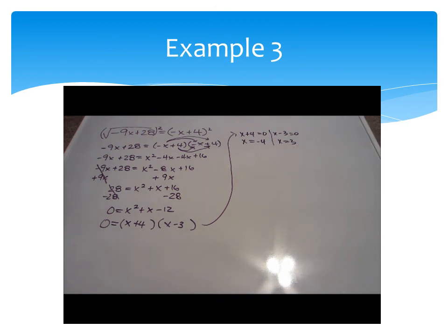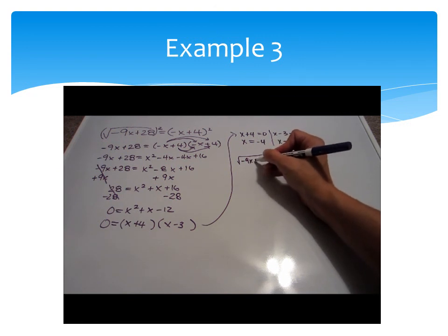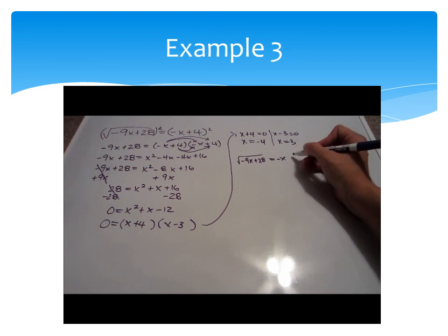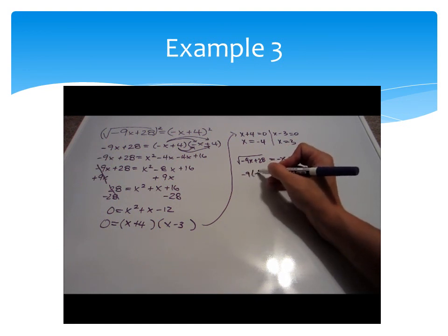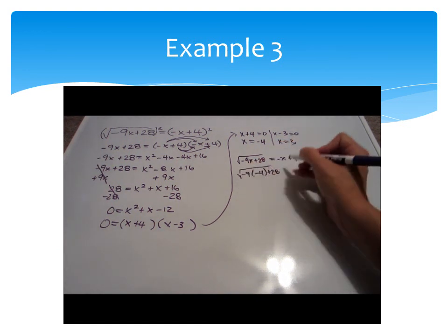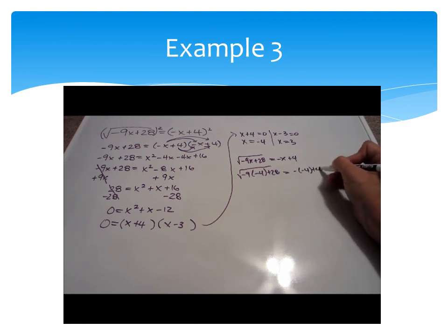Now we need to plug in both of the solutions to figure out which one is the extraneous solution, or the extra solution. Our original equation was the square root of -9x + 28 equals -x + 4. So we plug in negative 4: -9 times -4 plus 28 equals -(-4) + 4.